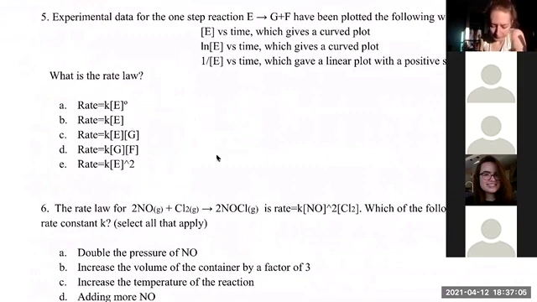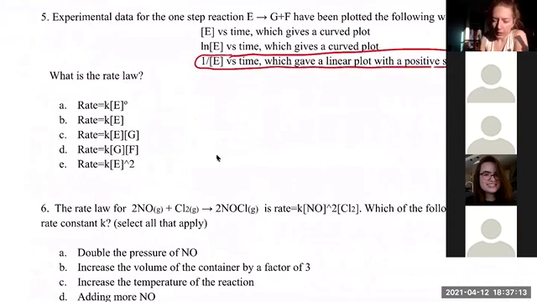For number 5, we have this experimental data, and it tells us that this last one gave a linear plot. The curved plots we can basically ignore. They don't really tell us anything valuable. So we know we're dealing with a second order reaction. When we're trying to figure out what to put in our rate law, we're not going to consider the products, right?